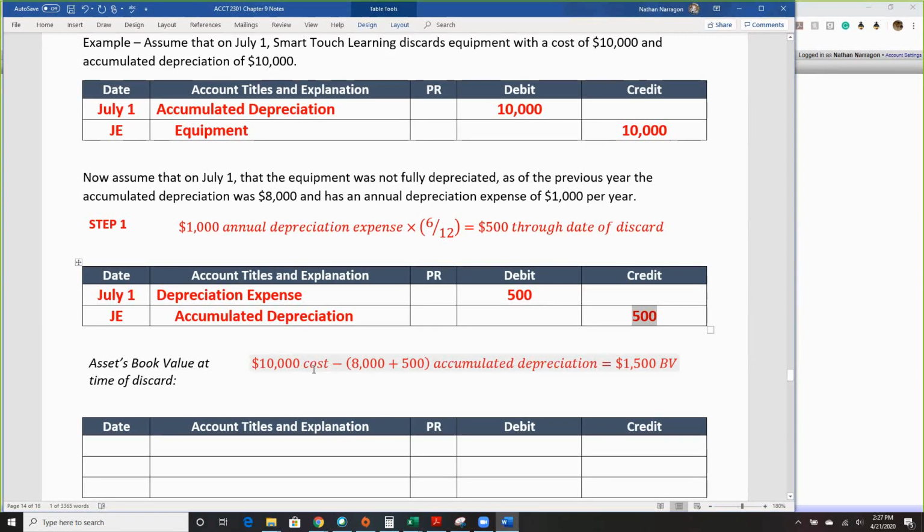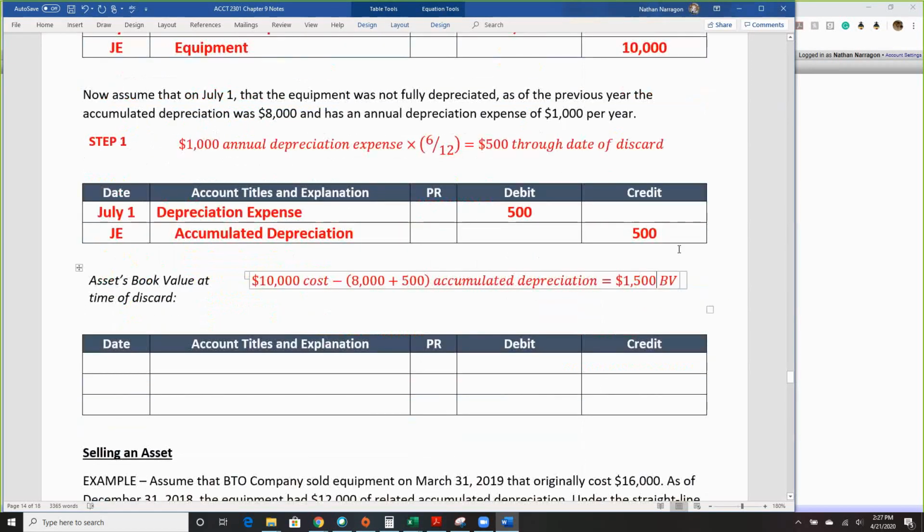Subtract that from $10,000. Means our book value is $1,500. Okay? It's always good to know that, especially once we get into selling. Plus, you never know on multiple choice, they could actually ask you what is the book value at date of discard.